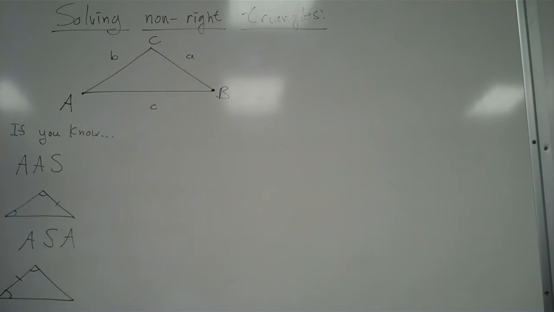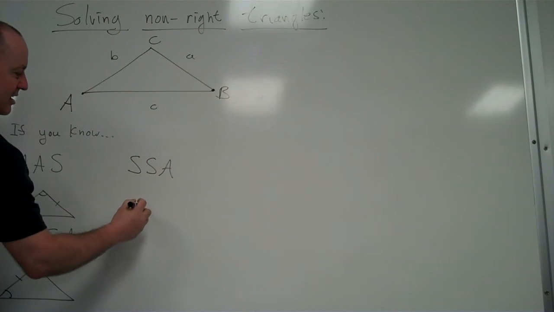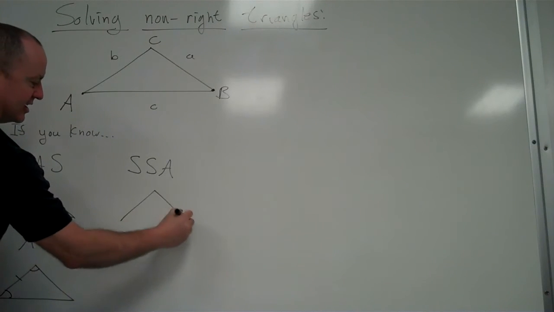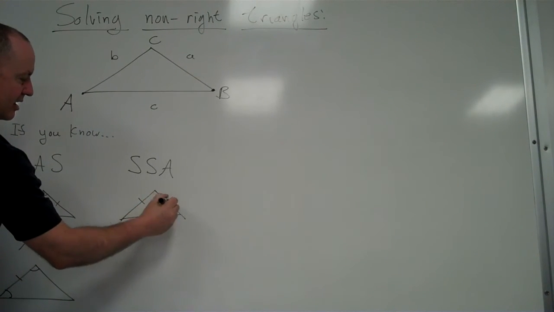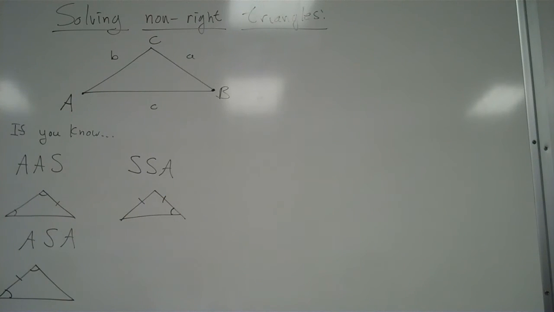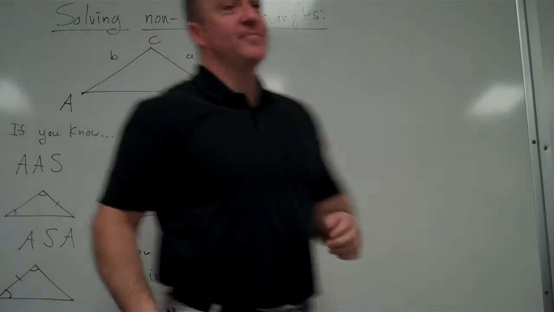And if you know, and your book says it this way, side, side angle, you also use the law of sines. And this gets exciting. These all use the law of sines.